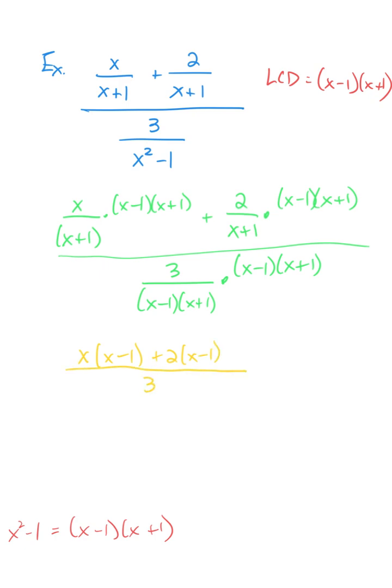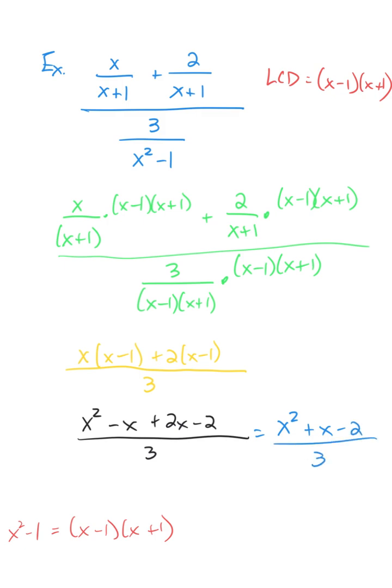So go ahead and simplify. x squared minus x plus 2x minus 2 all over 3. Clean that up, and you get x squared plus x minus 2 over 3. And then remember, our restrictions are going to be x cannot equal 1 or negative 1.